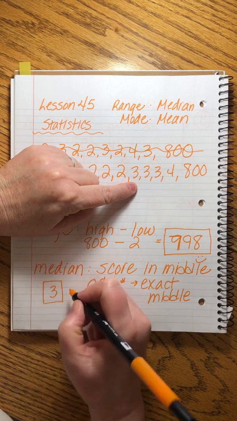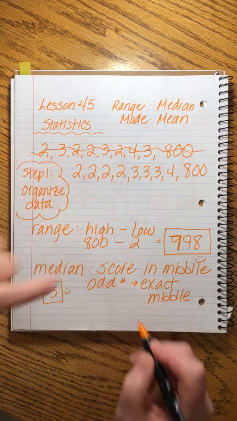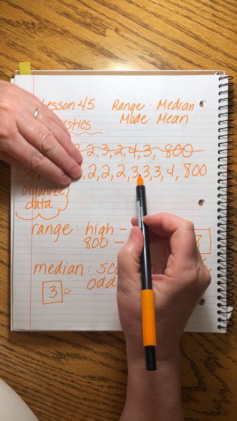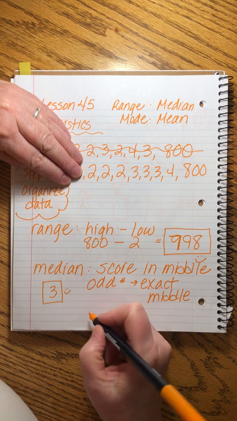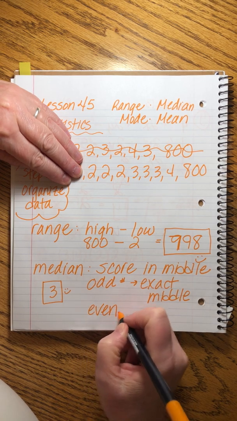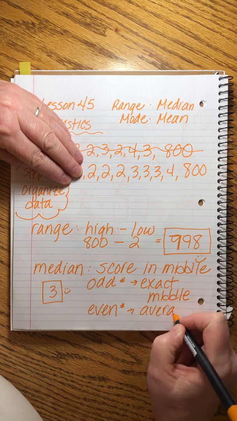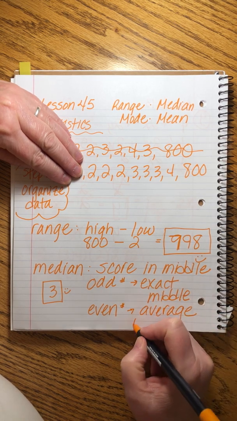However, let's just pretend for a minute that we only had 8 items in our data set, an even number. So if it's an even number, we average the middle 2.